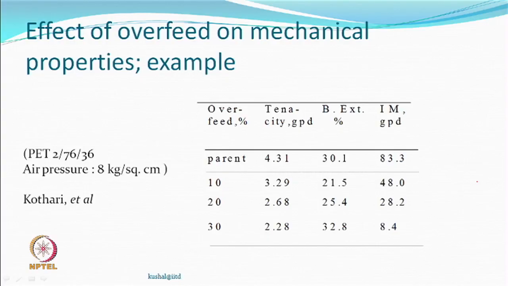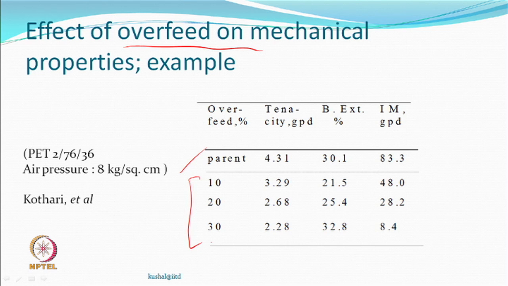Good. These are some results from one of the papers, Kothari et al., on mechanical properties of air jet textured yarn. Effect of overfeed. So, let us say they have increased the overfeed. One is a parent yarn. There are 3 different conditions of overfeed.